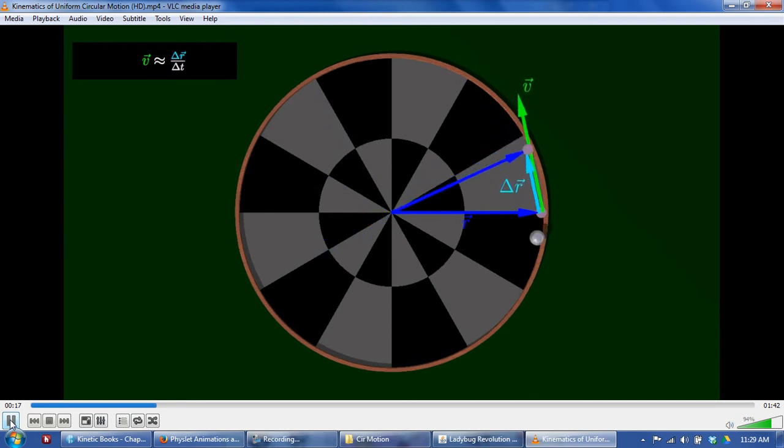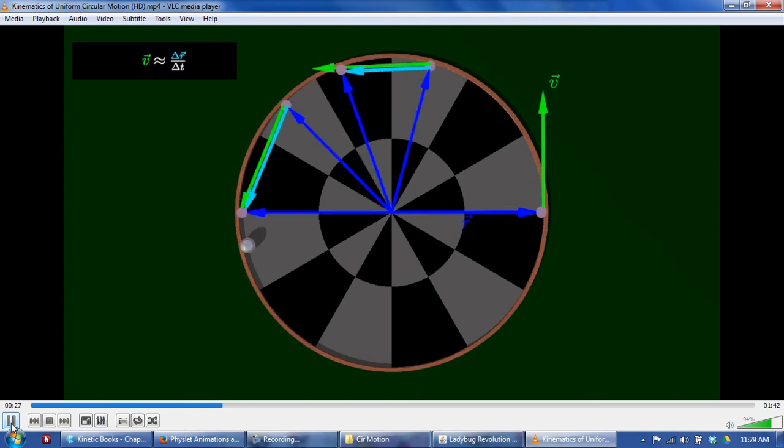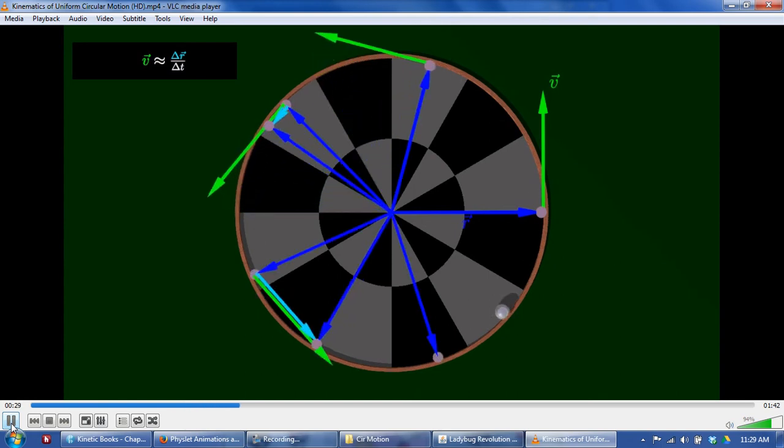The instantaneous velocity is then the limit of this estimate as the length of the short time interval goes to zero. So you get this velocity that's tangent to the circle, tangent to the radius, as the direction of the velocity vector is always tangent to the circle.